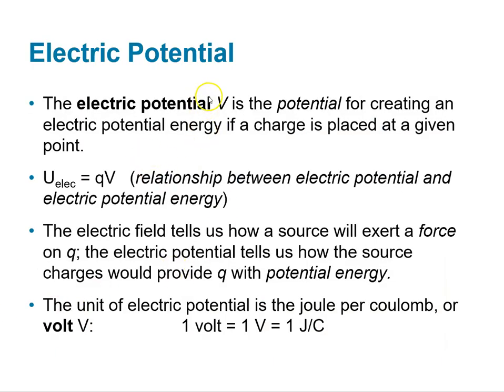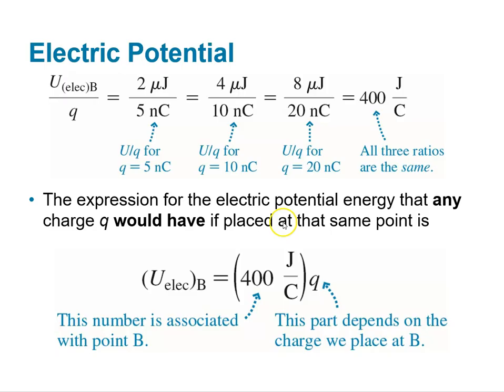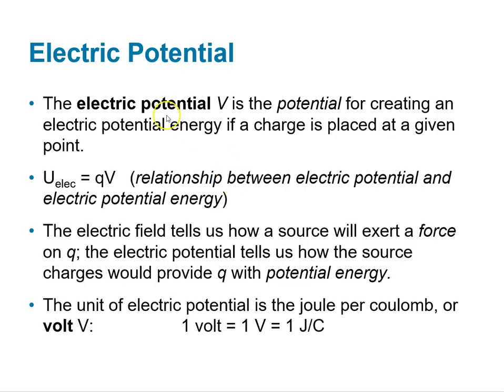That ratio of energy to charge is called the electric potential. And again, this is the electric potential energy that any charge would have if it was placed at the same point. So it's like saying it's the same height, and gravity times height is the same at all the points for the same distance above the surface of the Earth.